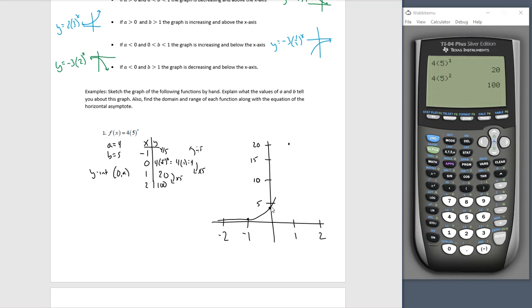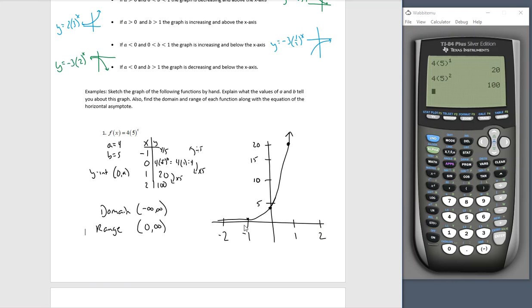Remember, we're just making a sketch of the graph, so we just want to show the basic shape of this graph. My domain for every exponential function will be the set of real numbers. My range will always be y greater than 0, because in this case it's only positive values.